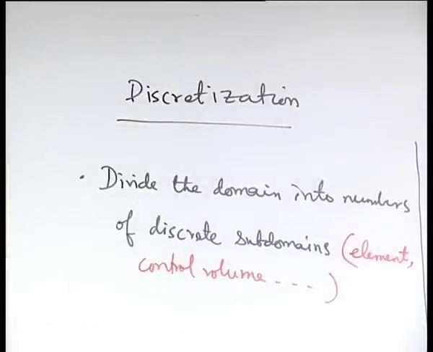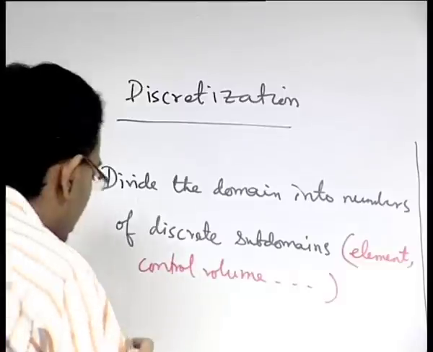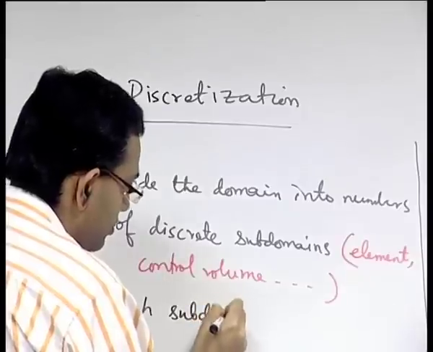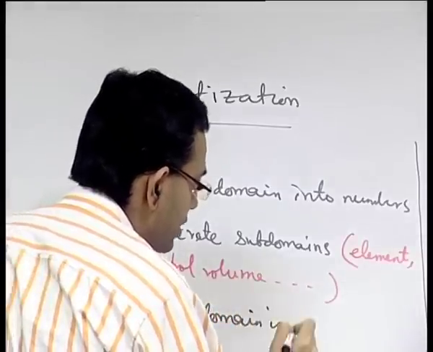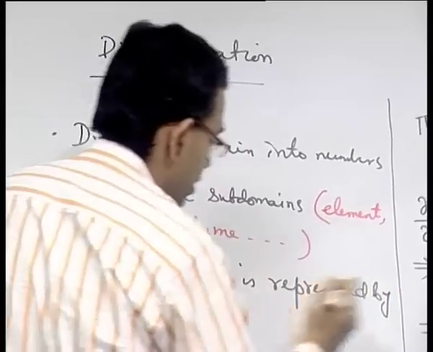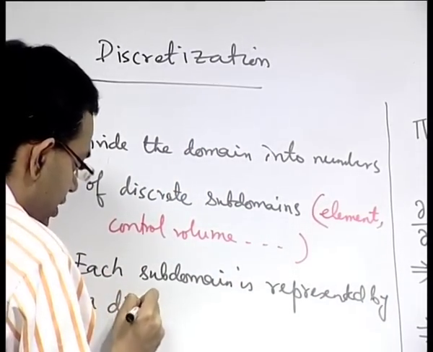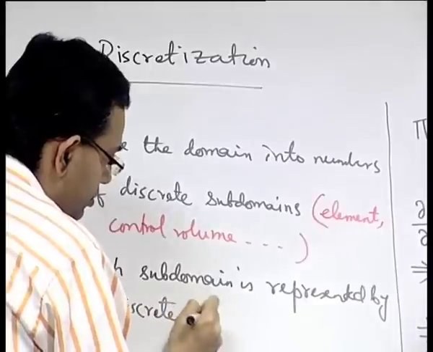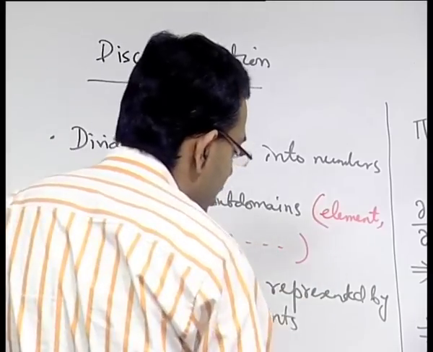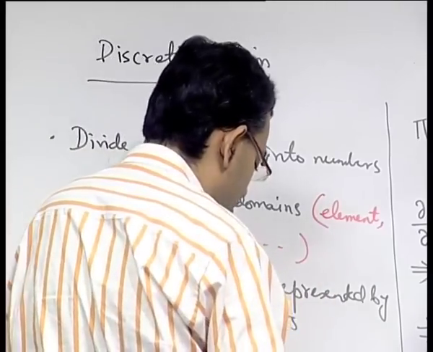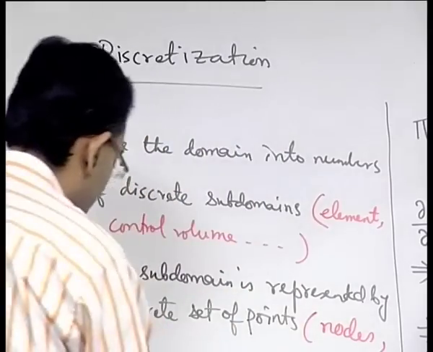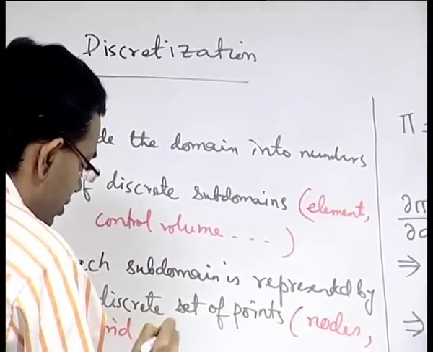Once you divide the domain into a number of subdomains, each subdomain is represented by a discrete set of points. So, the continuous variation of the function is lost. These discrete sets of points are called grid points or nodes, again depending on the method that you have chosen.